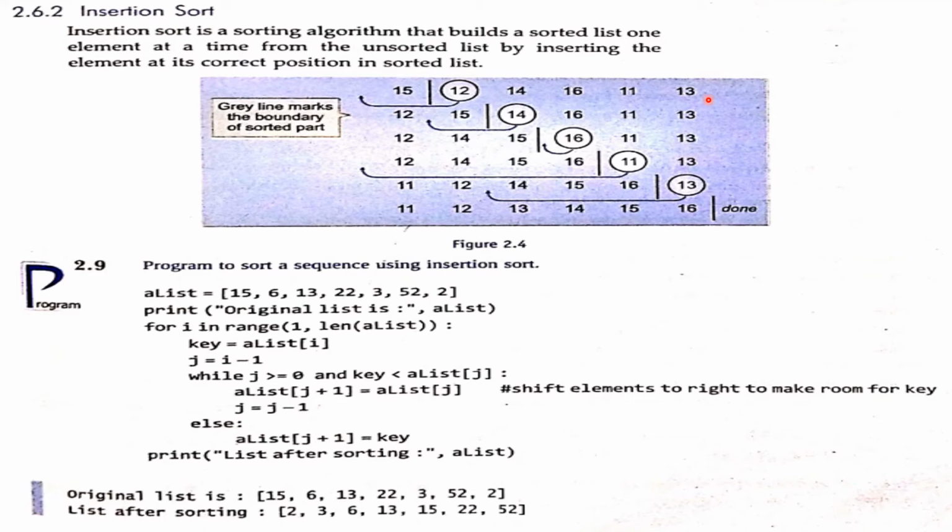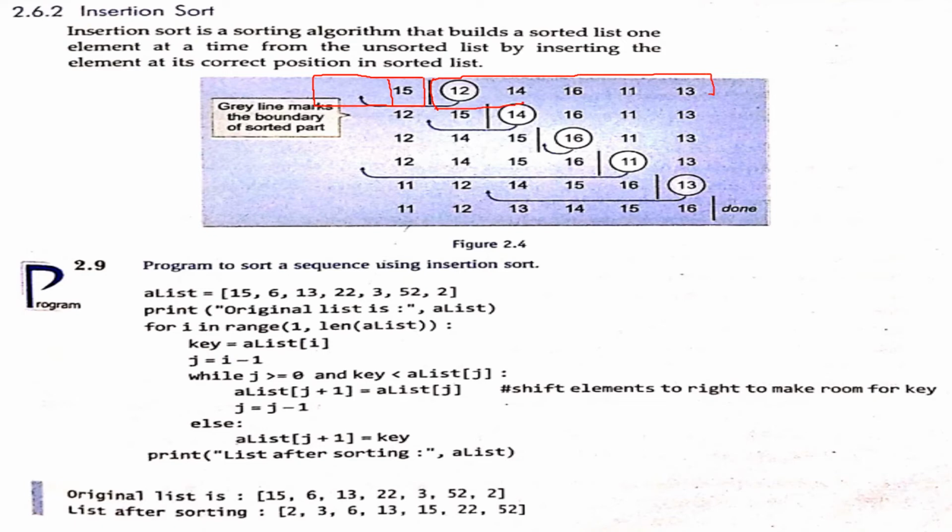So in insertion sort, a list is divided into two sublists. One will be the sorted list and the second sublist will be the unsorted list. If we divide from the first element, the 0 index element is 15.